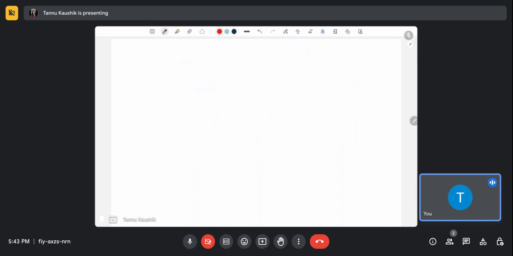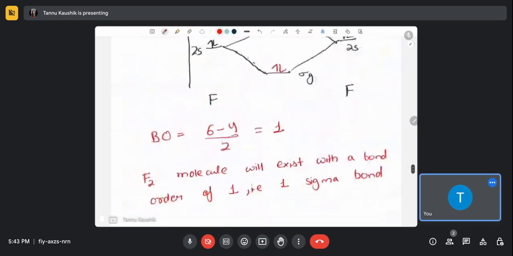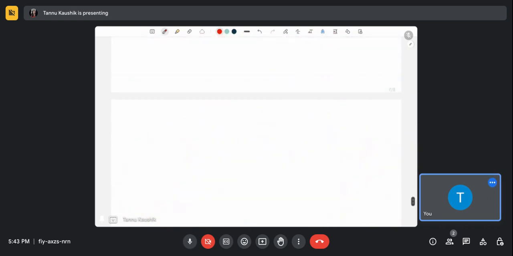So if we make a molecular diagram for F2, sorry, B2, 2s, boron.